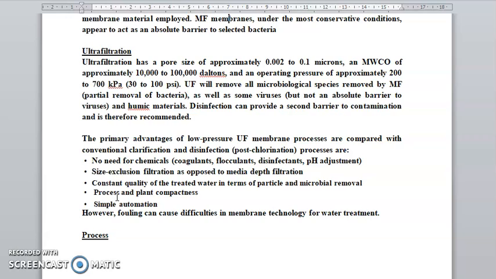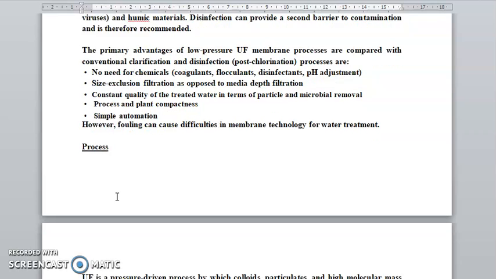Okay, however, fouling is also a difficulty in membrane technology for water treatment. Now the process, very important. We go for the process.